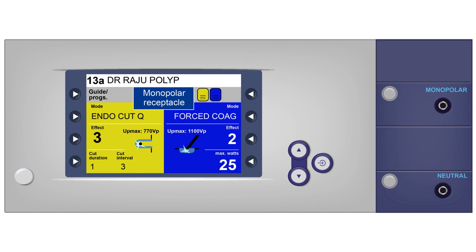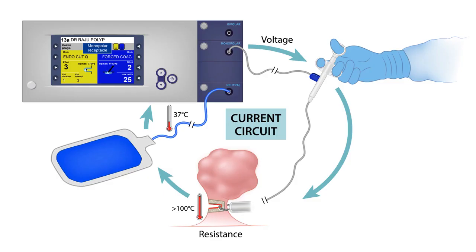In monopolar circuit, the electrosurgery unit generates high frequency current and pushes it through into the snare.